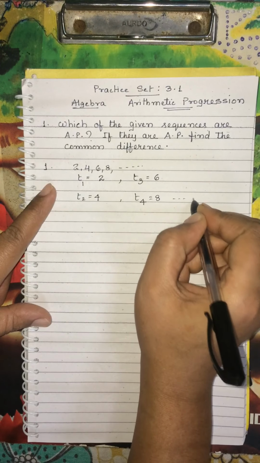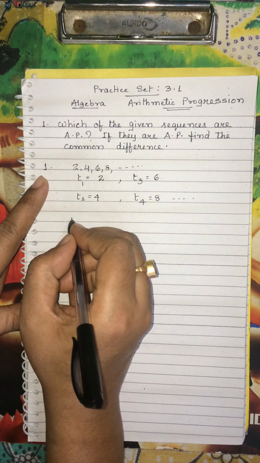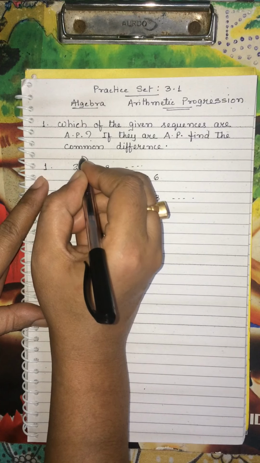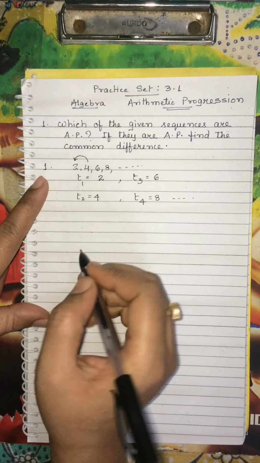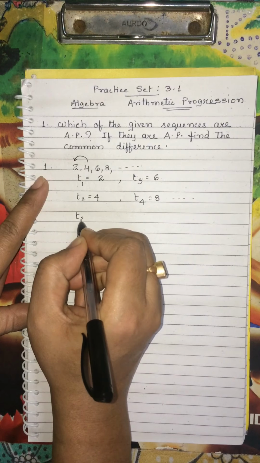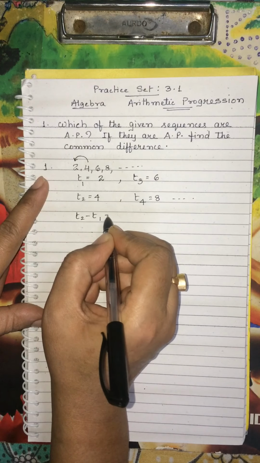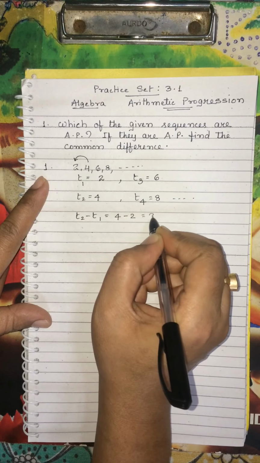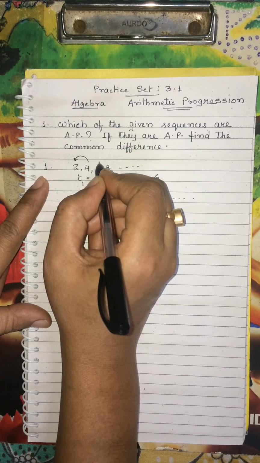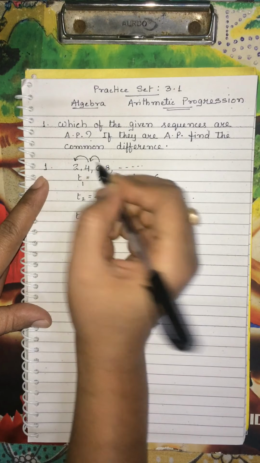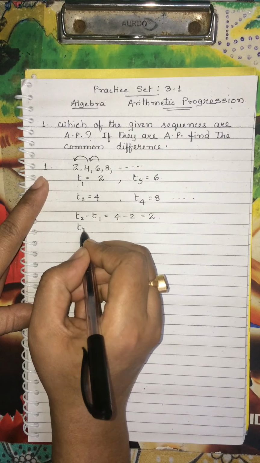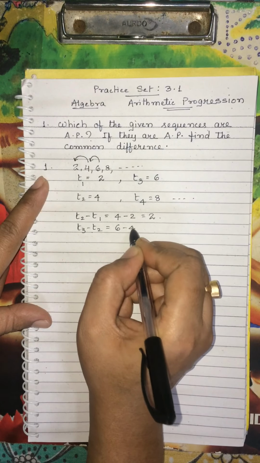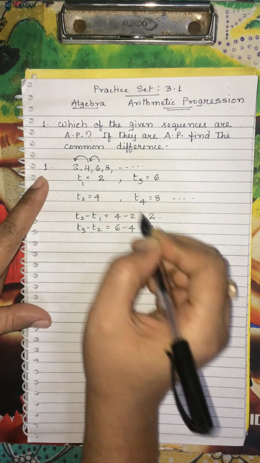Now we have to find the difference of the second one to the first one, that is T2 minus T1 is equal to 4 minus 2, that is 2. In a similar manner, third one to the second, T3 minus T2 is equal to 6 minus 4, is equal to 2.